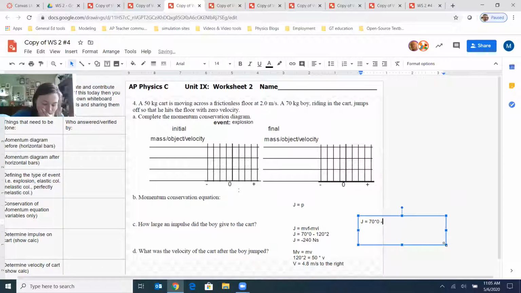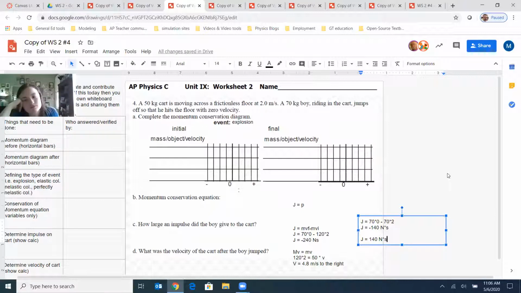Minus, and actually it probably should be the final speed 0 minus 70 times 2, because that would be the impulse on the boy. And so that impulse, I believe, is negative 140 newton seconds, which means that the impulse on the cart would be equal to a positive 140 newton seconds.